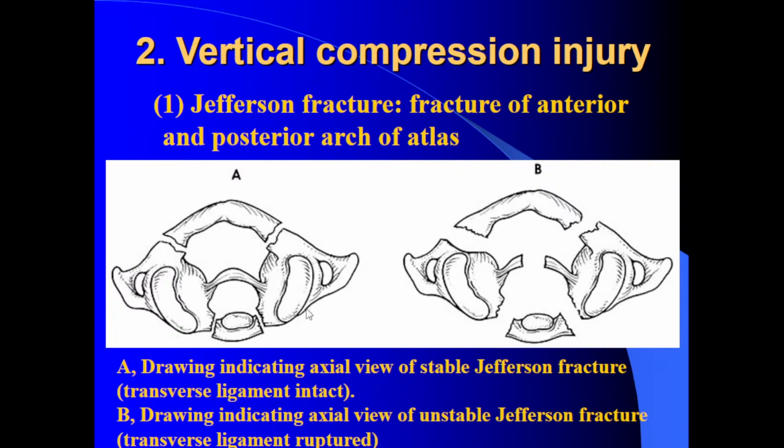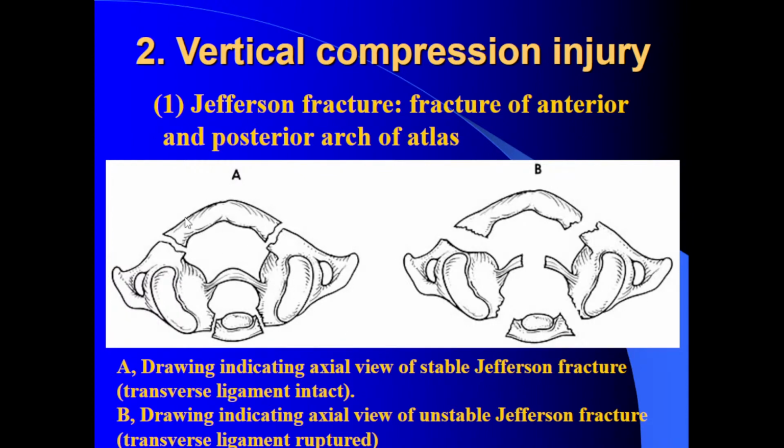Once again, as I said before, the anatomy of that vertebra is quite unique. We have lateral masses on both lateral sides, and that is the most massive, strongest part of the vertebra, which is responsible for the connection with the head, with the occipital bone. Here you can see articulating surfaces for that connection.